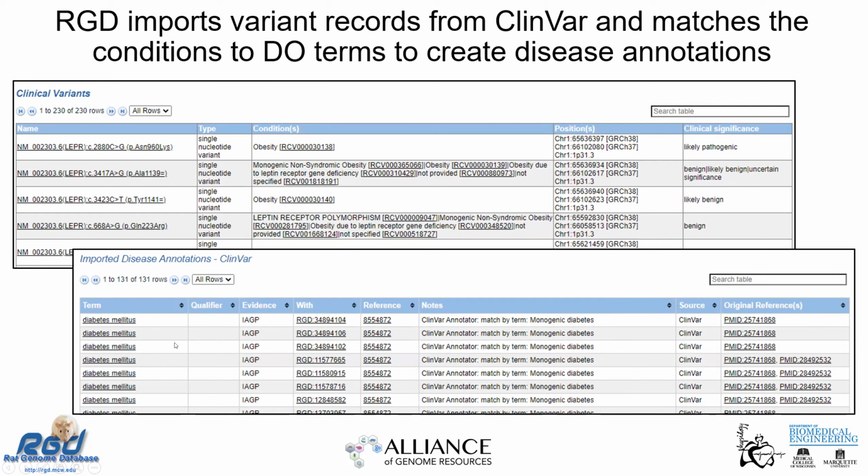So in this case, what's in the with field here is the link to the ClinVar variants, and then we've got in this case the match to diabetes mellitus as the disease term.